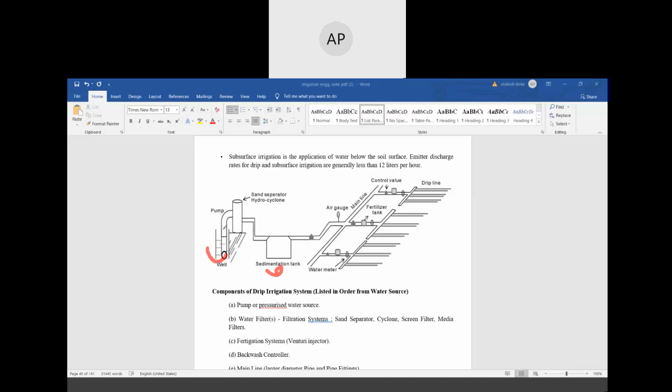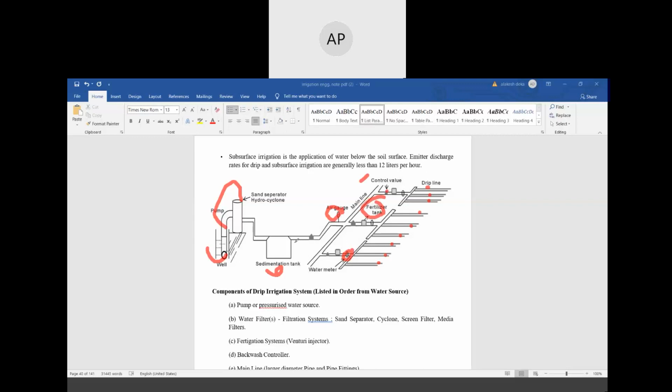From the well, water is pumped to a sand separator or hydrocyclone, and these are the drip lines. This is the water meter, we can regulate the water. This is the air gauge. This is the main water supply line. This is the control valve. This is the fertilization tank.